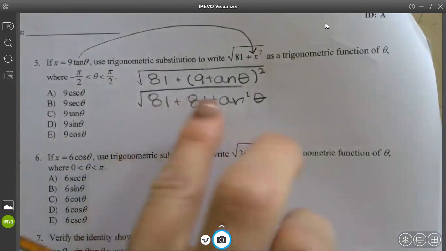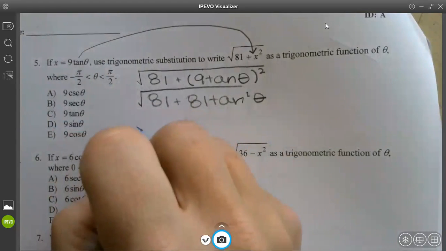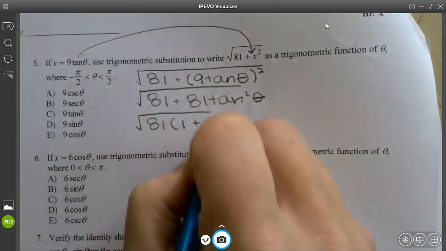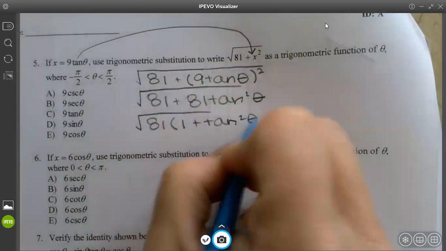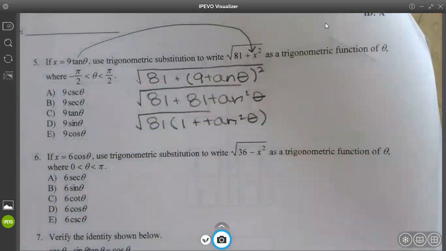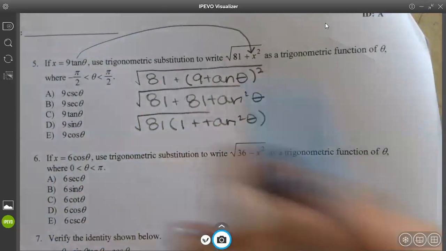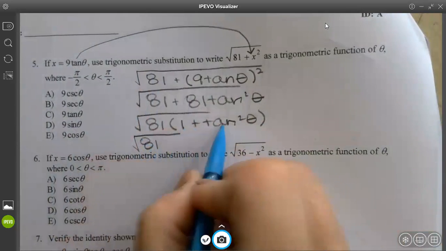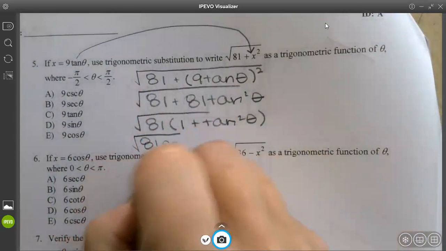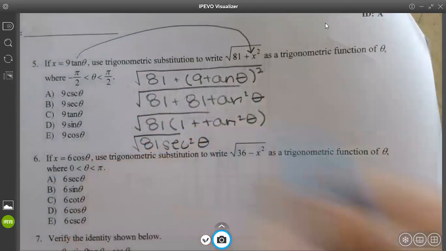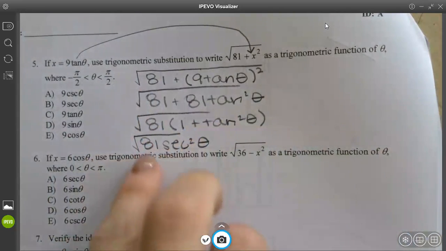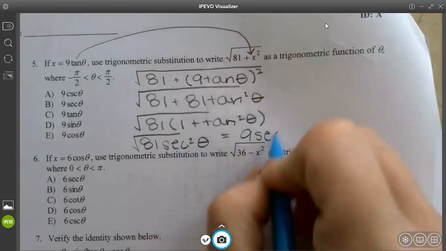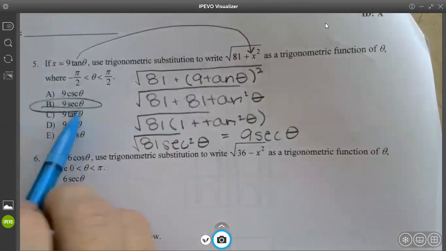What do you notice about both? So we're going to take that 81 out. And we're left with 1 plus tan squared theta. What is 1 plus tan squared theta? Secant squared theta, right? Then take the square root of both. What's the square root of 81? What's the square root of secant squared? Y'all, it's that. That's it.